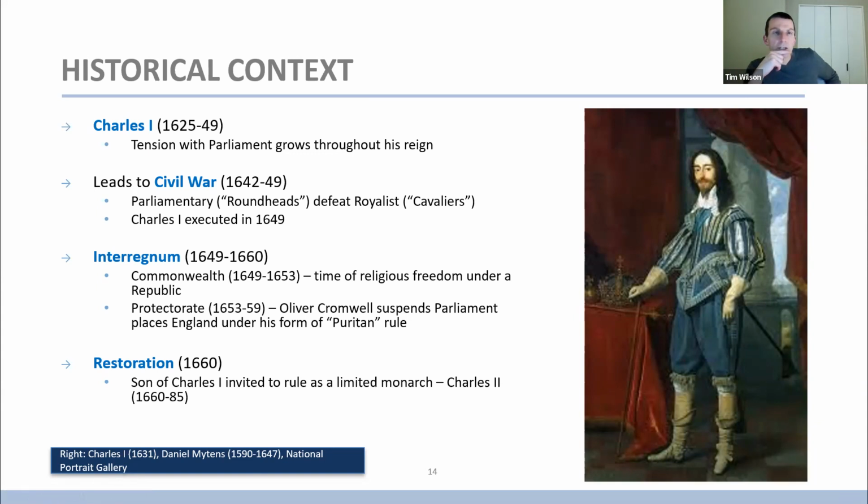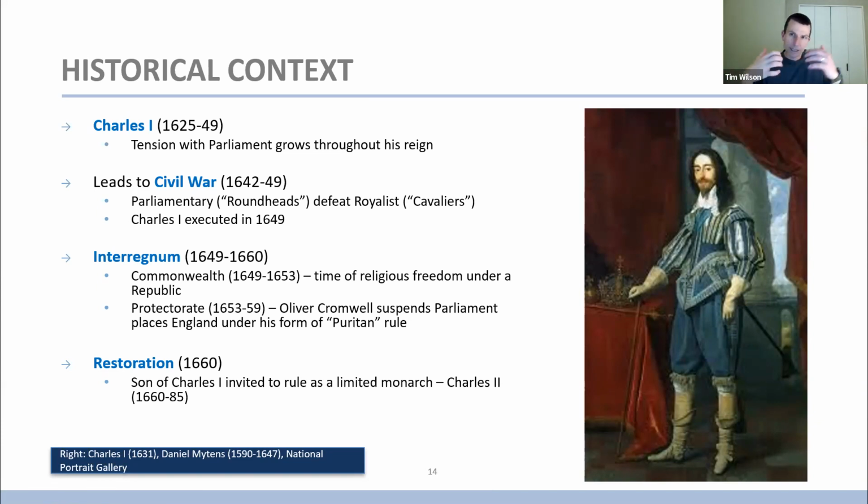England. Okay, so Charles the First reigned in that period that you see there, 1625 to 49, and there was growing tension with Parliament. It wasn't this kind of constitutional monarchy as we understand it, right? So the king had substantial powers over Parliament.